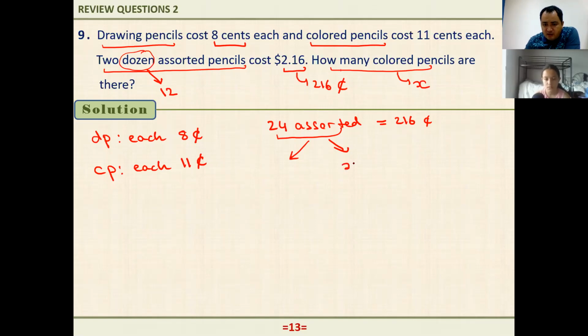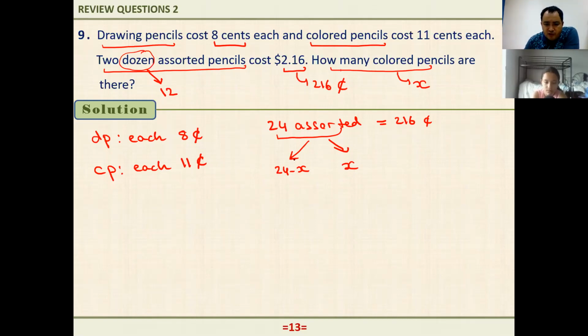If X of them are colored pencils, how many of them are drawing pencils? Look at this number. Altogether, we have 24. If X of them are colored pencils, then 24 minus X. Right? True, because together it is equal to 24.